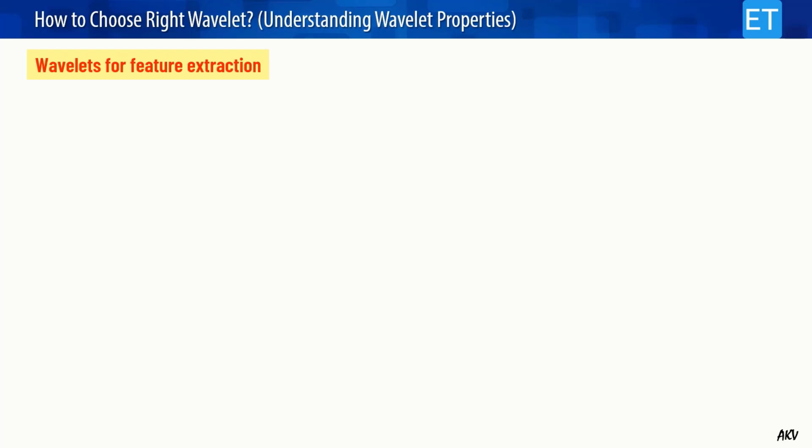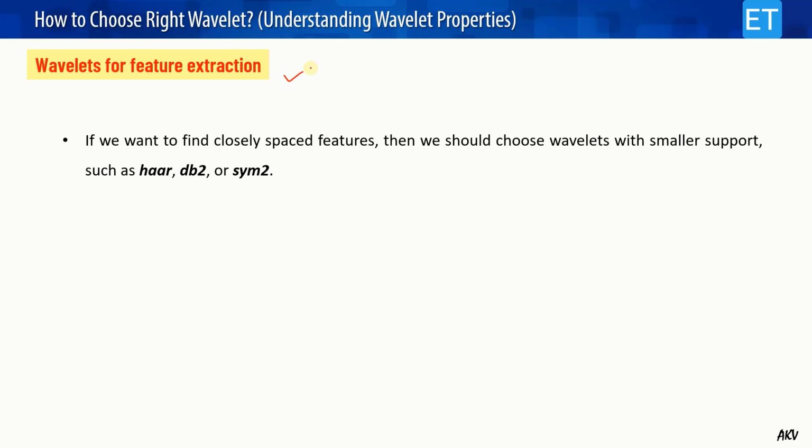And now let us see how to choose the wavelets for different applications on the basis of these properties we have just understood. For this purpose, I'm taking the first example, that is wavelets for feature extraction. If we want to find closely spaced features, then we should choose wavelets with a smaller support, such as HAR, DB2, SYM2.